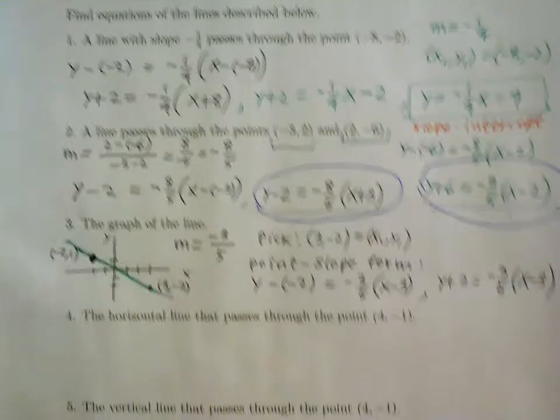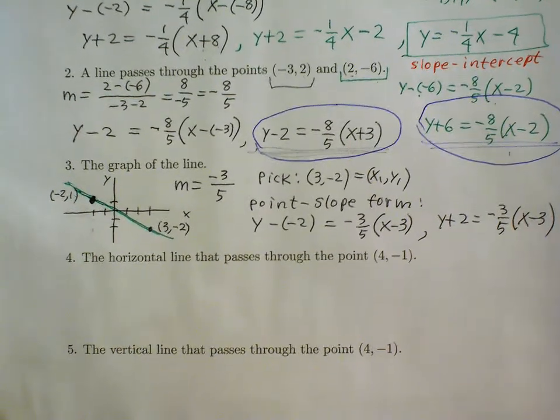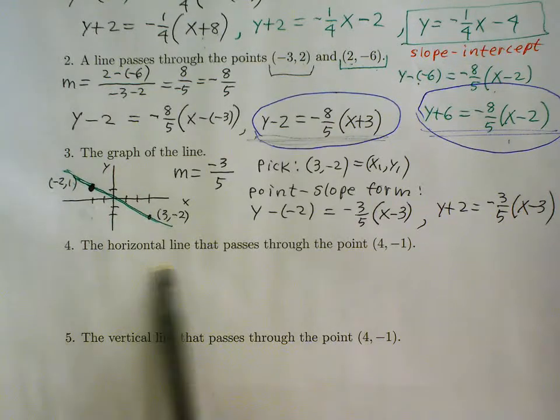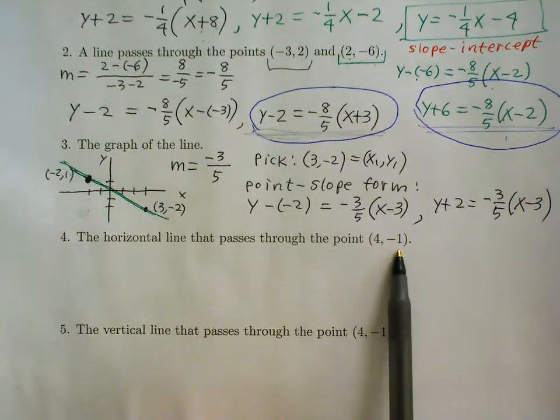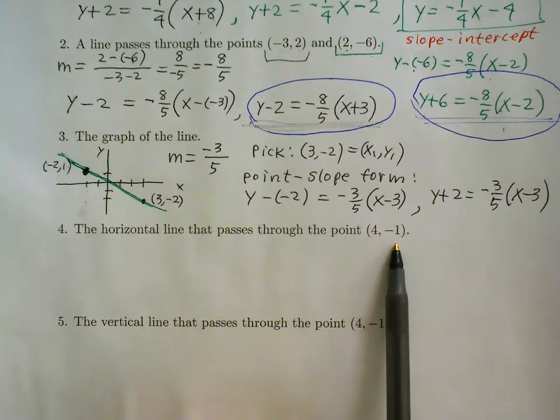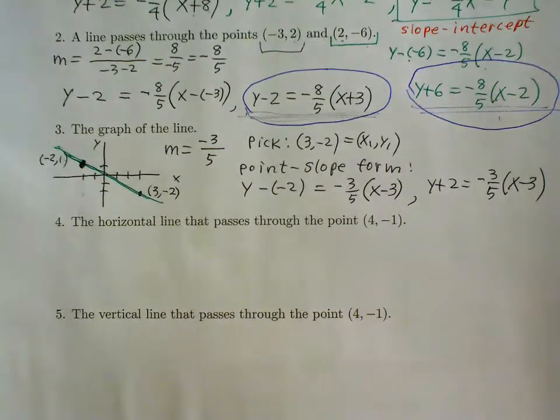Okay, the next problem, number 4. Find the equation of the line that is horizontal and passes through the point 4, -1. So take a few seconds and answer that question.